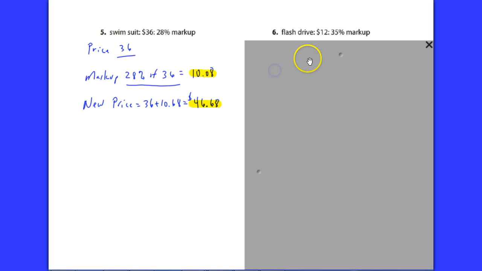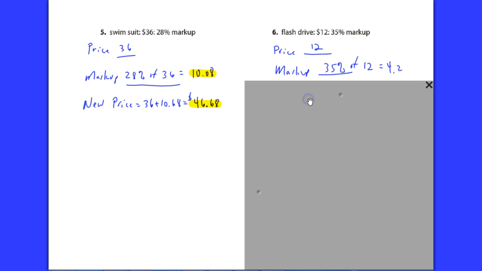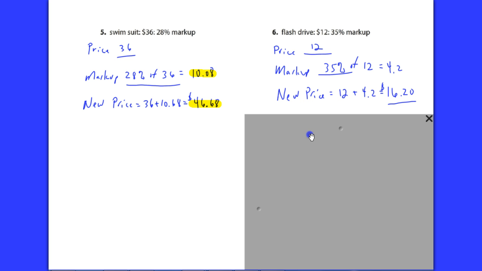You see we're doing the same thing over and over here. Just identify the original price. The flash drive in number 6 was $12. The markup was $4.20, and the new price is $16.20 because we just added it back in.